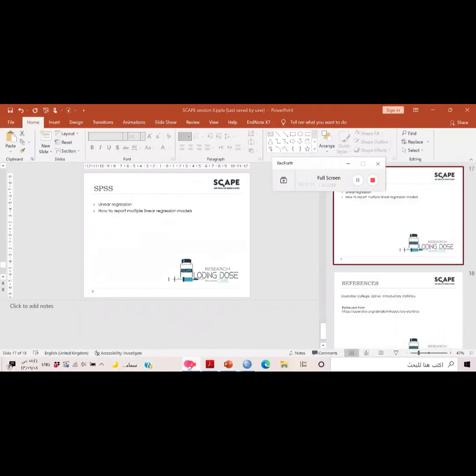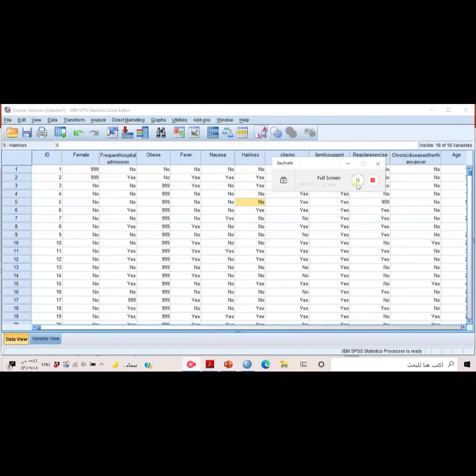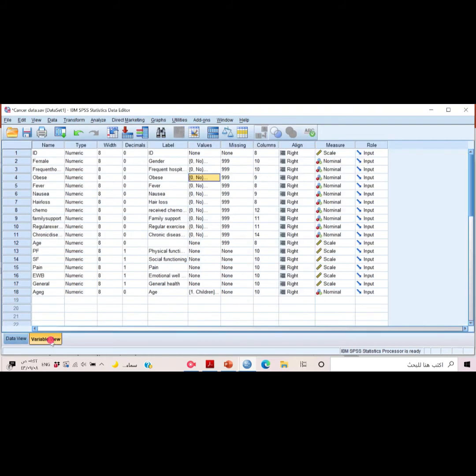Okay. So moving now to SPSS to see how we can do the linear regression and how we can make the interpretation. We know we will do the linear regression. First of all, we will add numerical data and dummy variables.